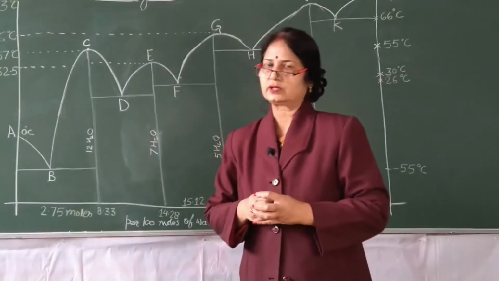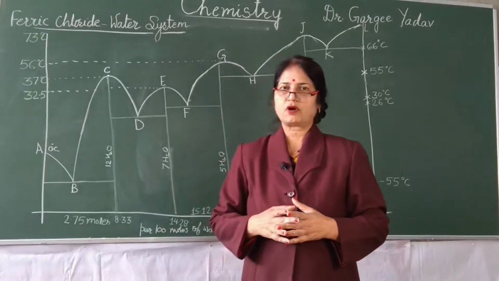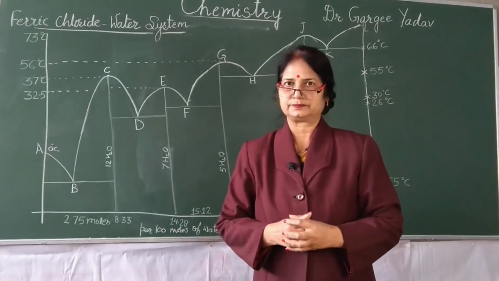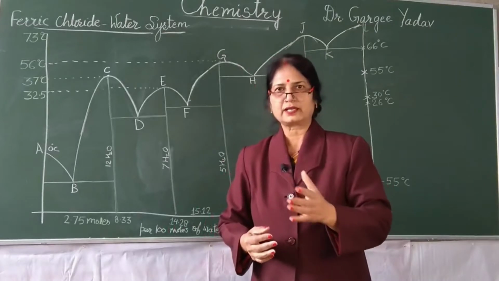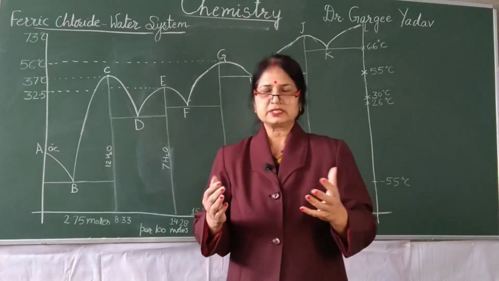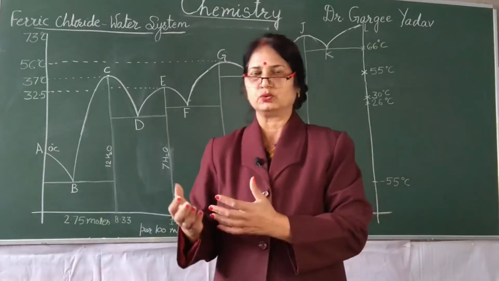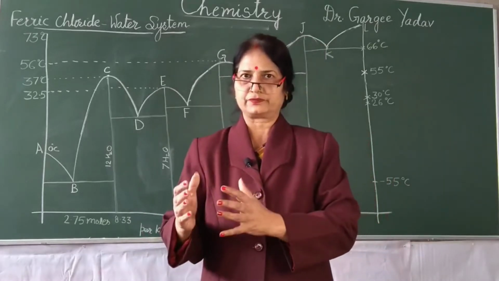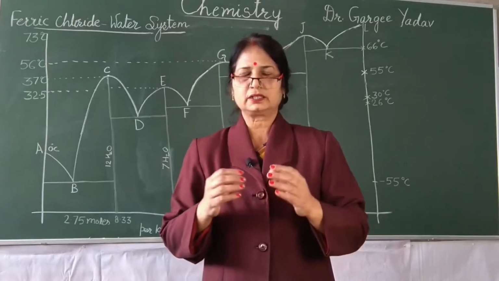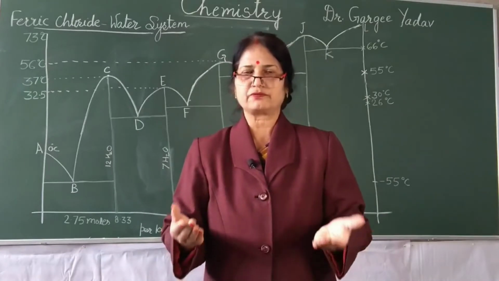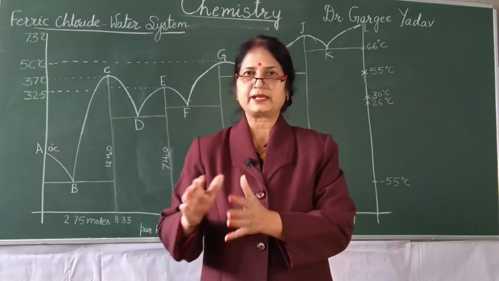So actually ferric chloride on reaction with water will form 4 stable hydrates, and those are ferric chloride dodecahydrate. Dodeca means 10 in Latin, and do means 2, so dodeca means 12 molecules of H2O. In fact we are taking double molecules of ferric chloride to compensate for the heptahydrate.